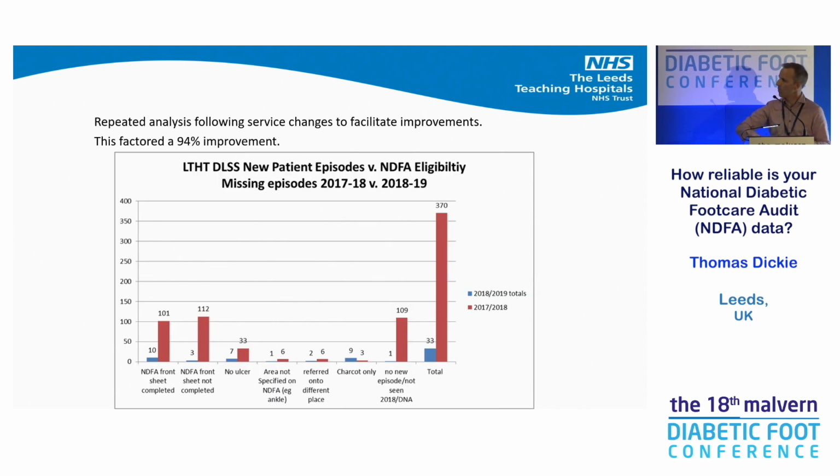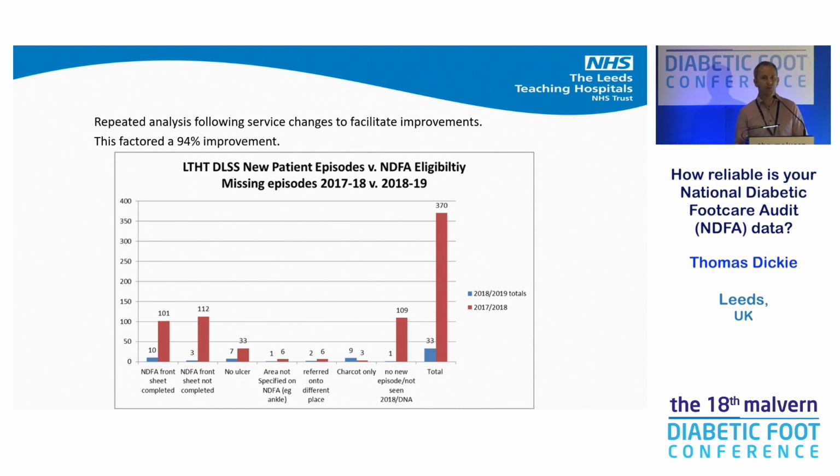The most important part, with regards to missed opportunities, is when we looked at 2017-18 and asked, how good are we? We did the assurance at the end of the year when we tried to bulk load all the NDFA front sheets, and we found that we were missing 370. Once we put in place the assurances for that year, we did the audit again the next year, and the missed opportunities came down to 33.